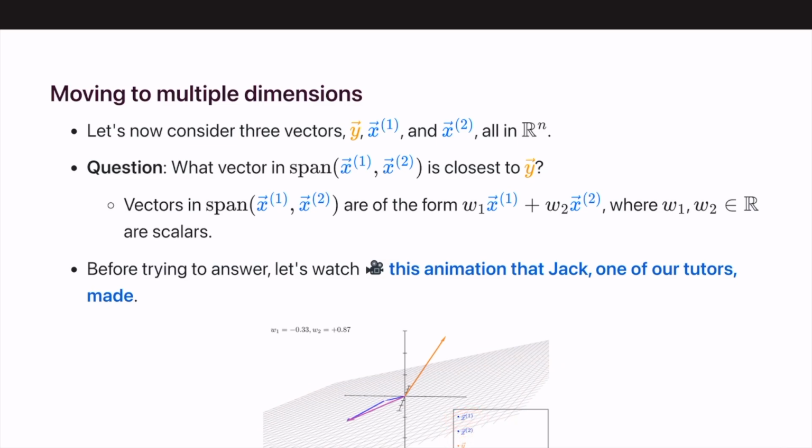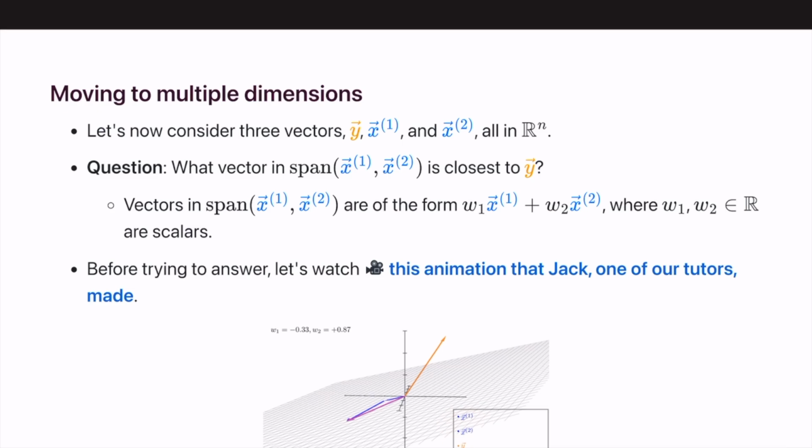And this is a video made by Jack Dieterman, who was a tutor in a previous DSC40A class, who made this kind of three blue, one brown-esque video using the same library, Manim, that Grant uses in 3Blue1Brown to make those videos. What Jack was trying to accomplish in this video, and you can click on the animation and watch it at any point during this lecture, but now would be a good time to do it.